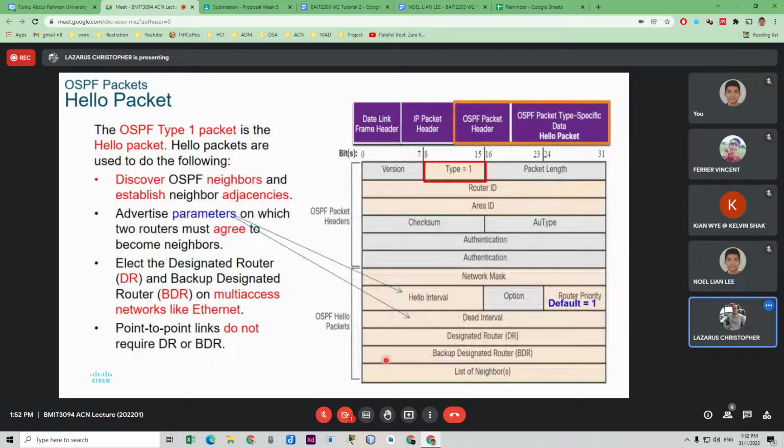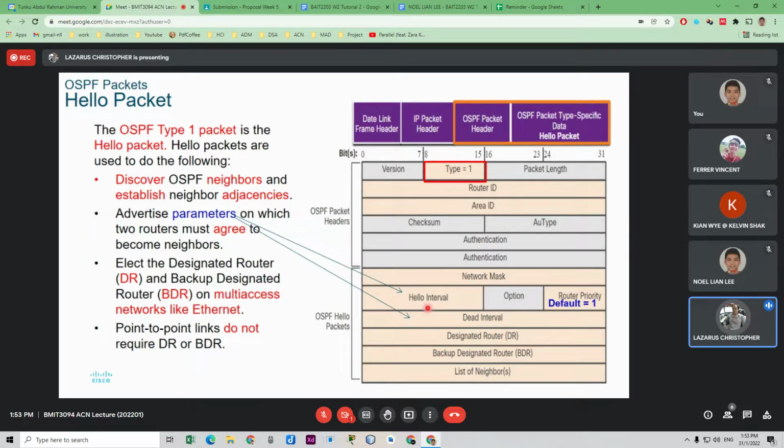Hello packet: send hello packets at periodic intervals. This is the OSPF type 1 packet. It's used to discover the OSPF neighbors. Once discovered, it can then establish neighbor adjacencies. It also advertises the parameters the 2 routers must agree on to become neighbors. There are the hello interval and the dead interval.